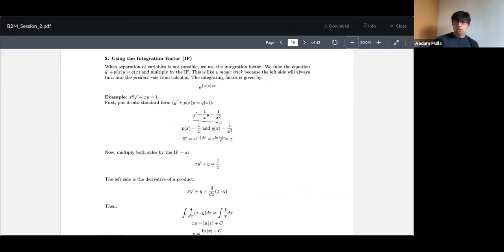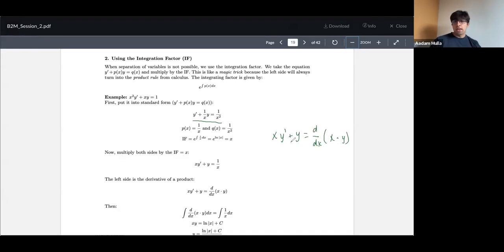And if you notice the left hand side, once you multiply by the integrating factor, whatever it is, it will always be able to be written as the derivative of a product. So if we think about what x y prime plus y equals, right? It's the derivative with respect to x of x times y.